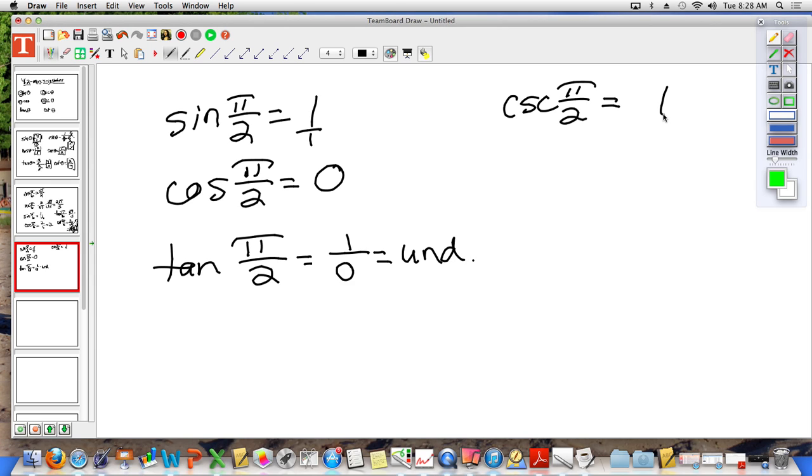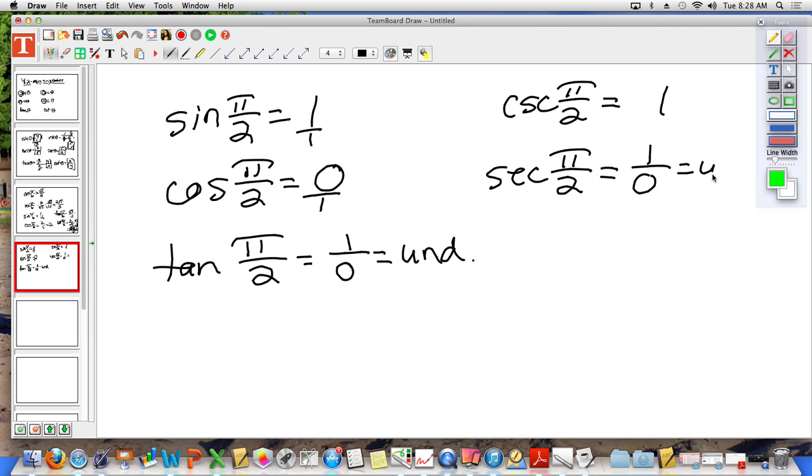All right, what about this? Cosine is equal to 0. That is the same thing as 0 over 1. So what is the reciprocal, the secant of pi over 2? It is 1 over 0. What is 1 over 0?